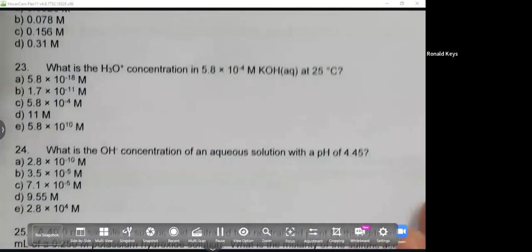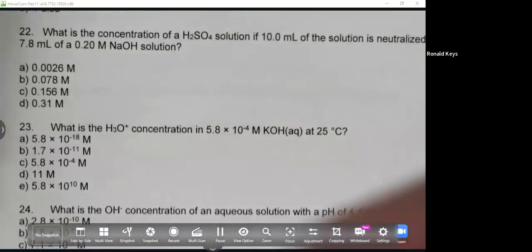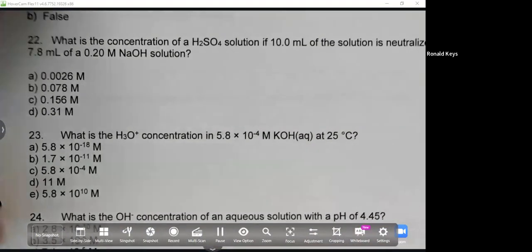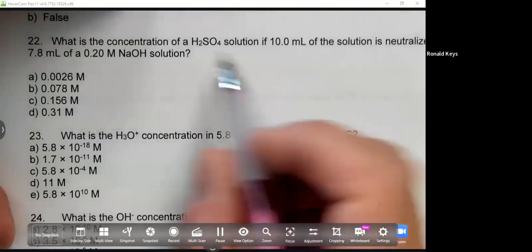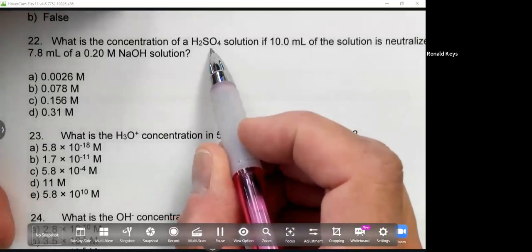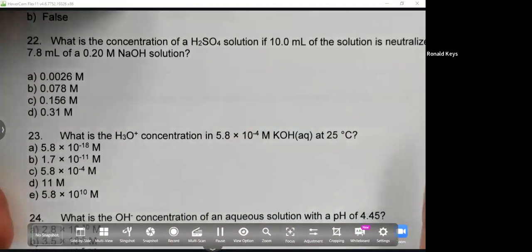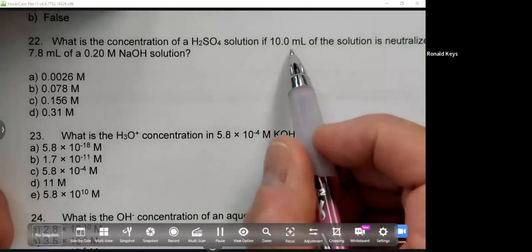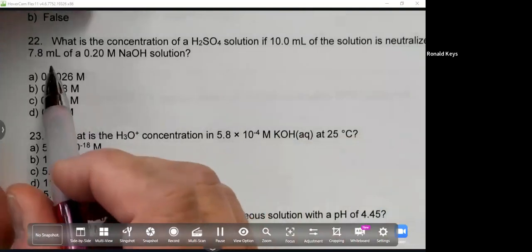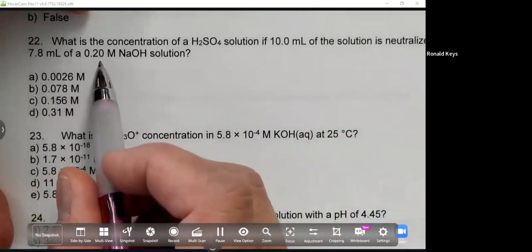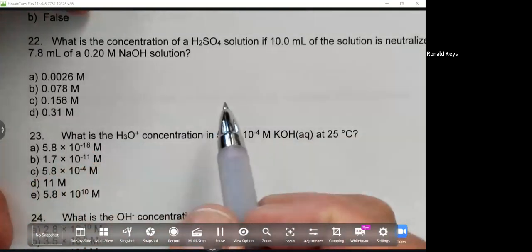Okay. So 22 is what we're going to calculate today with our examples as well. I'll set this up. What concentration of H2SO4, sulfuric acid, solution, if 10 milliliters of the solution is neutralized by 7.8 milliliters of 0.20 molarity sodium hydroxide?